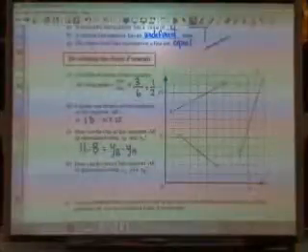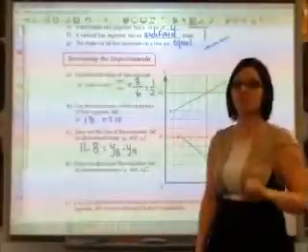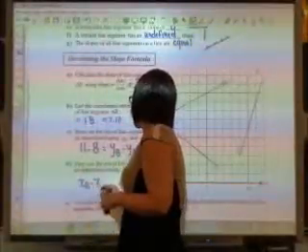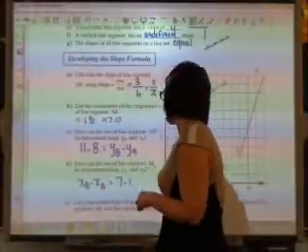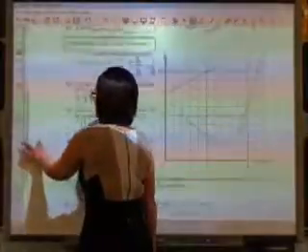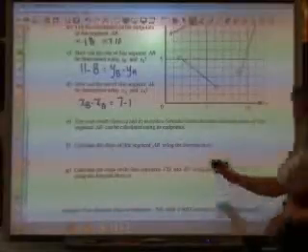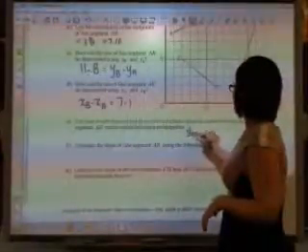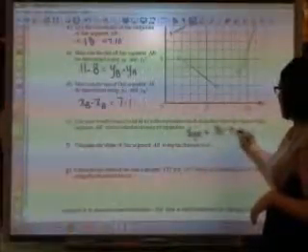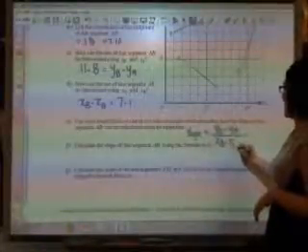How could I find the run of the line segment using these 2 points, XA and XB? So XB minus XA, which would be 7 minus 1. Okay? So if I use these results to find this formula, slope would equal the rise, which we're now writing as YB minus YA, over the run, which is XB minus XA.